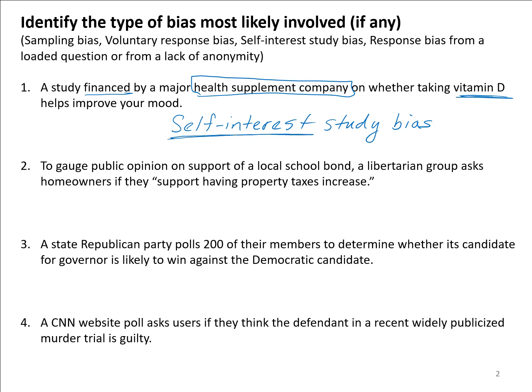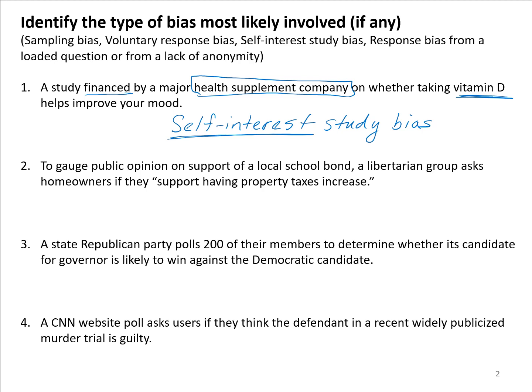Second example, to gauge public opinion on the support of a local school bond, a libertarian group asked homeowners if they, quote, support having property taxes increase. So notice how they're phrasing this. Instead of asking the people if they support increased funding for schools, they're asking, do you support having property taxes increased?